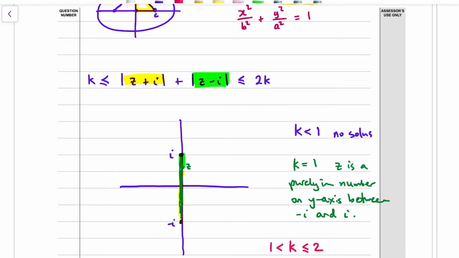And I'm going to draw that one. Okay, this would be if k is equal to 2.